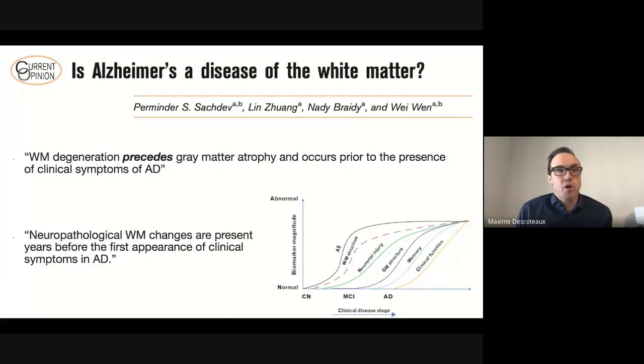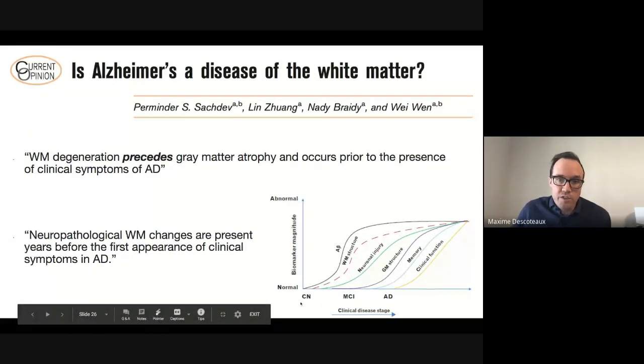It's actually surprising to see how little white matter is present in the Alzheimer's disease literature. In the disease progression from normal controls to MCI to AD, we rarely see a curve showing where white matter comes into this pathology.